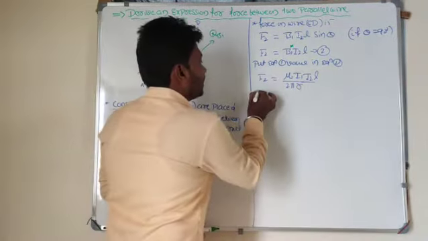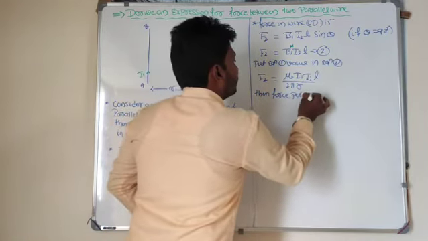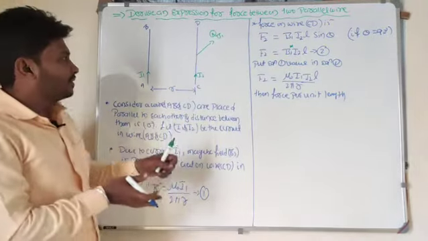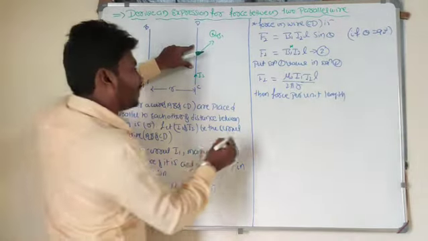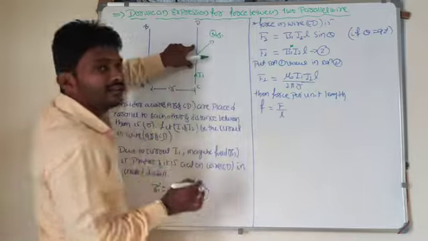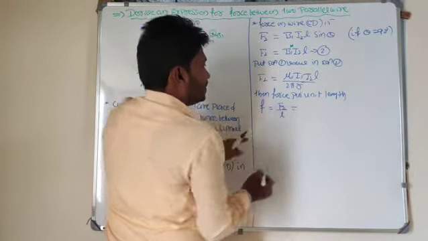Then I can consider force per unit length. It means for a particular length, what will be the force? Force per unit length is force divided by length. Force means F2.